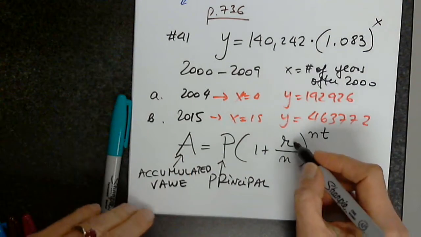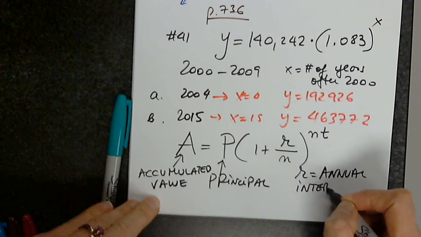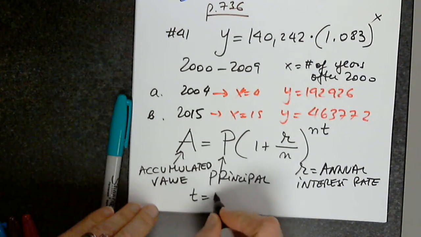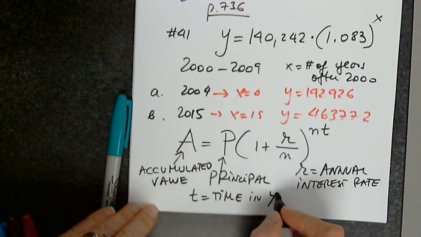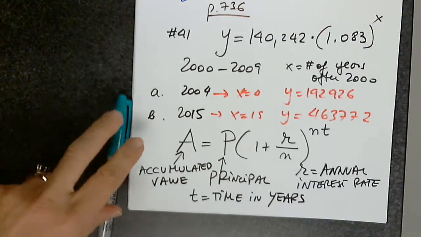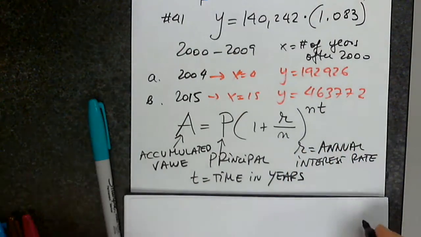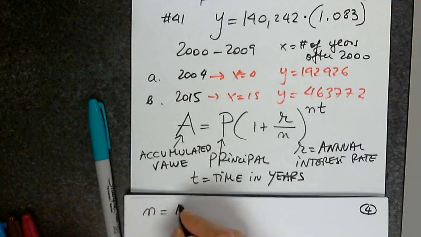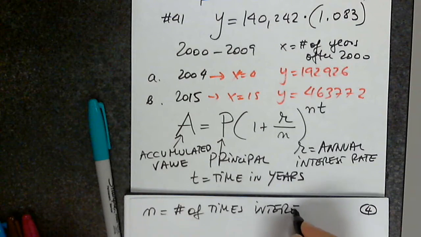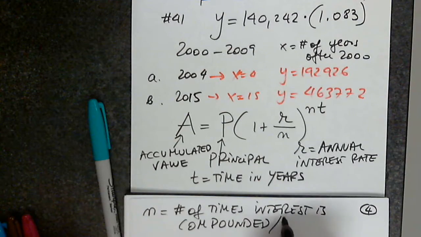If we borrow money, let's say 10 years from now, this is the amount we have to pay back. R is the annual interest rate. T is time in years. And n is the number of times the interest is compounded or recalculated, if you want, per year.